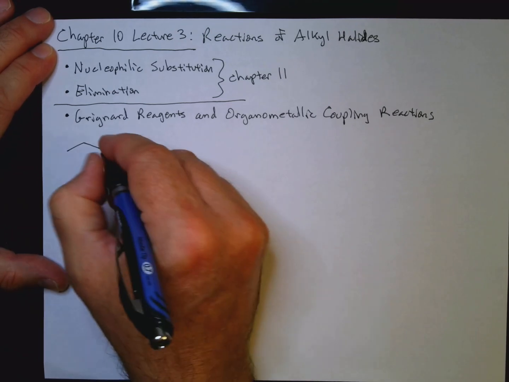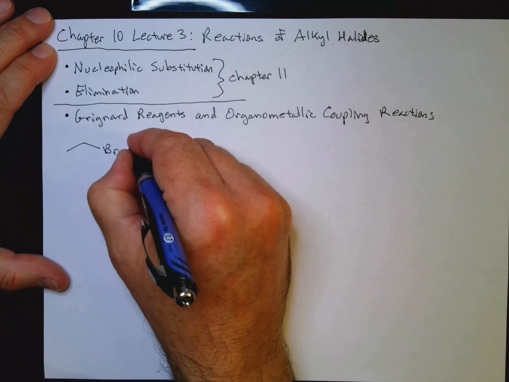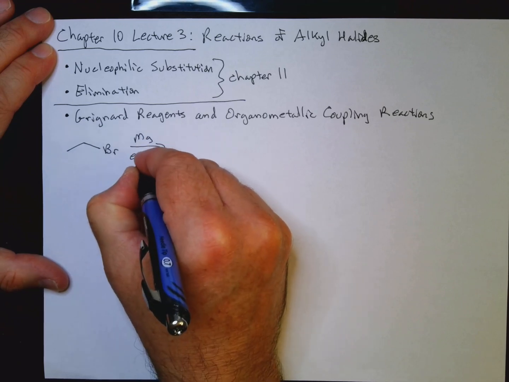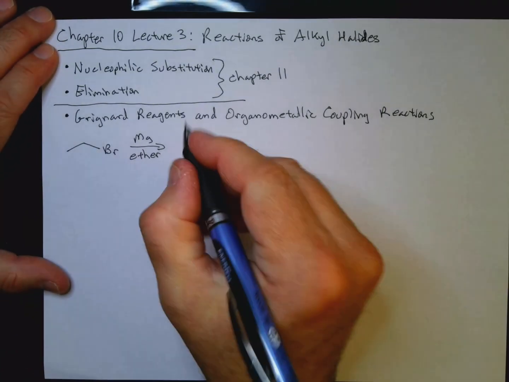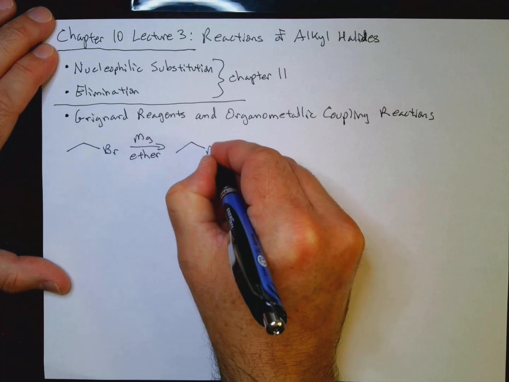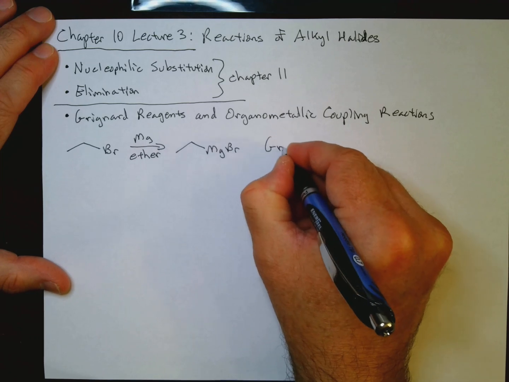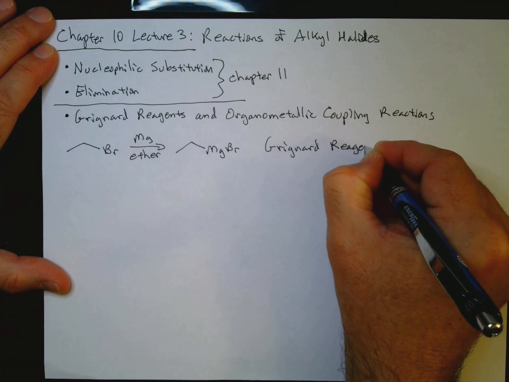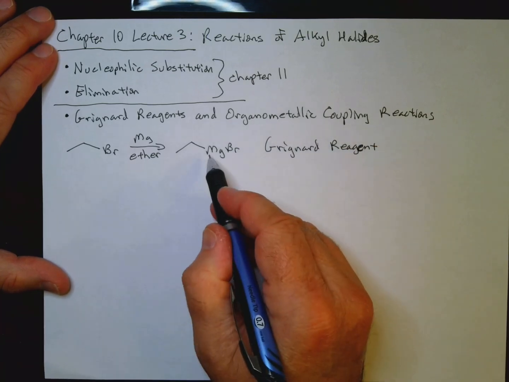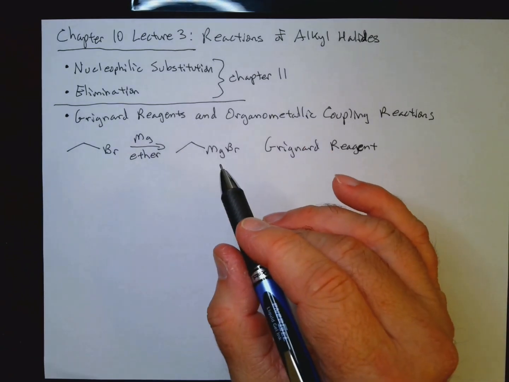So it was discovered that if an alkyl halide is treated with magnesium in an aprotic solvent, so ether, we'll end up with something called a Grignard reagent. We would actually refer to this one as ethyl magnesium bromide, or the ethyl Grignard.